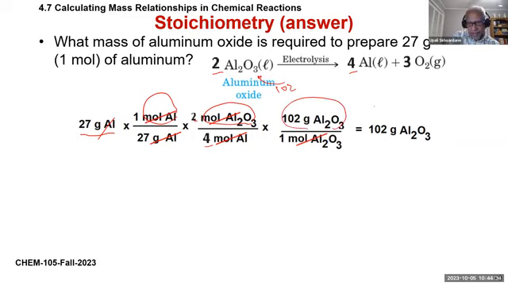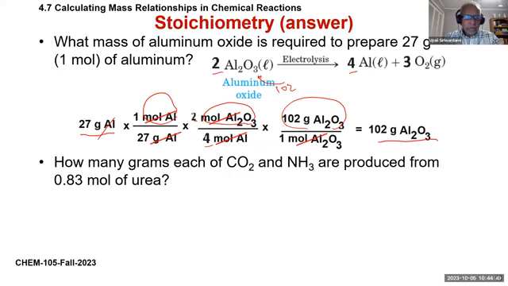Grams multiplied by formula mass, you get the grams of aluminum oxide, 102. That's the answer to the question. How many grams of each? That's the second reaction. We checked the balance.